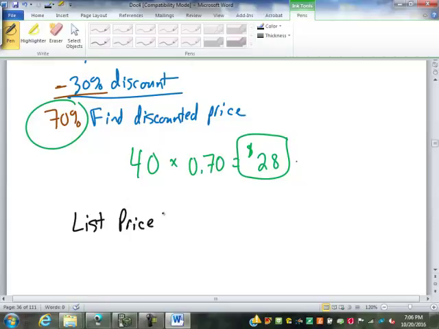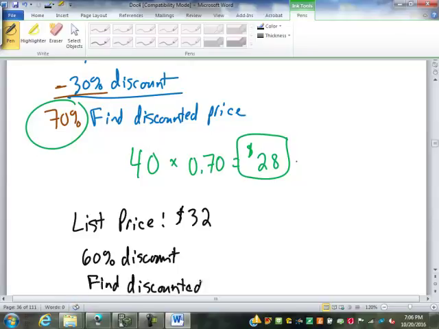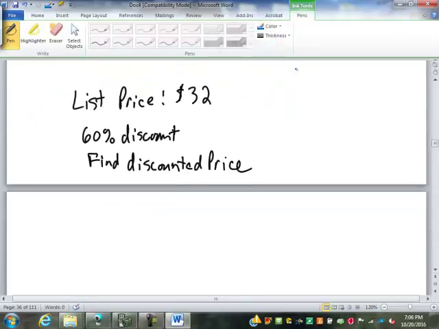So let's say we have a list price of $32, and there's going to be a 60% discount. Find the discounted price. That would be a pretty good deal.